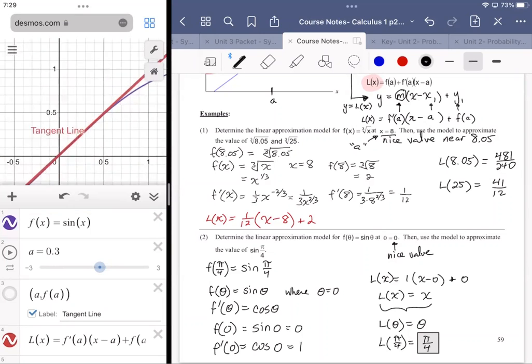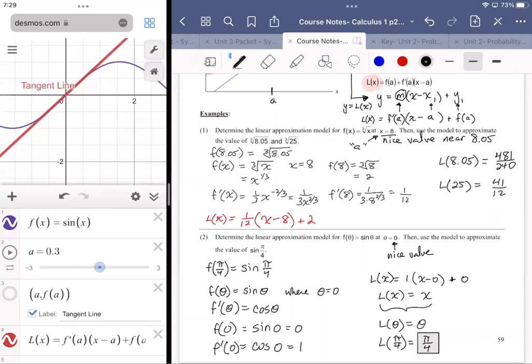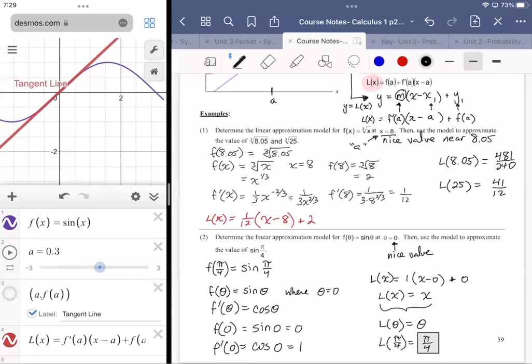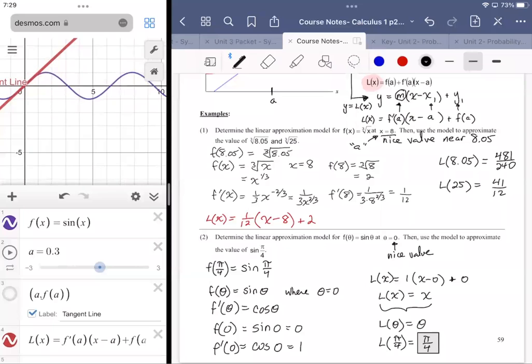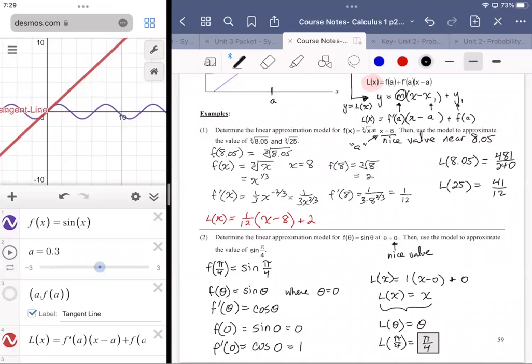Right. But the thing is, since it's a periodic function, what we just learned is that for any stretch of graph that has the same slope, we can approximate values using this linear equation. And then all we would have to do is come up with another model that would approximate the downward slope.